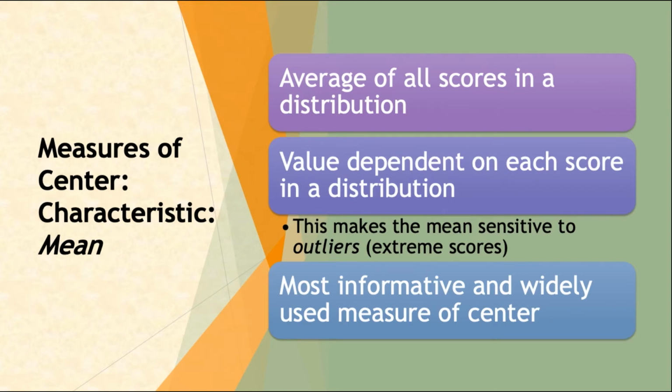However, this sensitivity to individual score values also makes the mean susceptible to the influence of outliers. One or two such outliers may cause the mean to be artificially high or low. So your job as a researcher is to identify those outliers and remove them from your data.